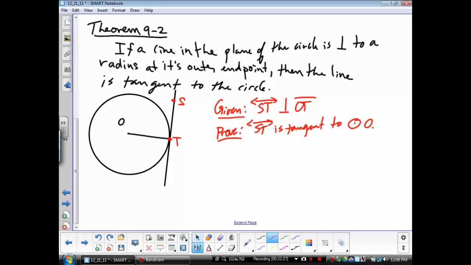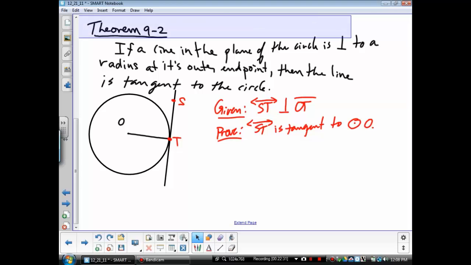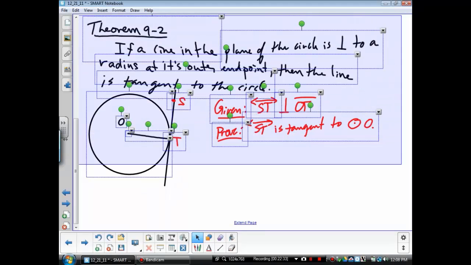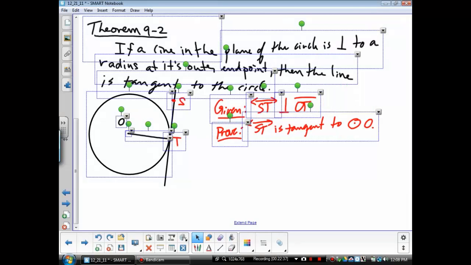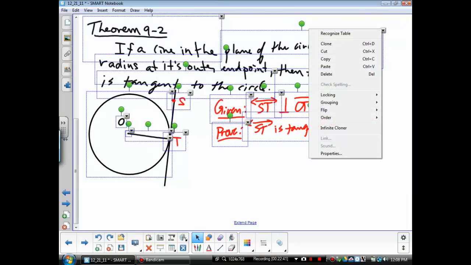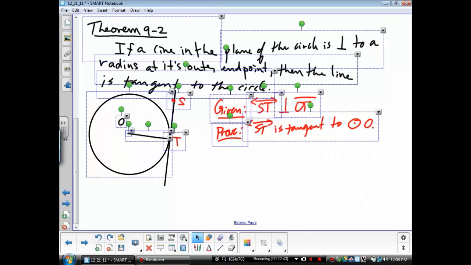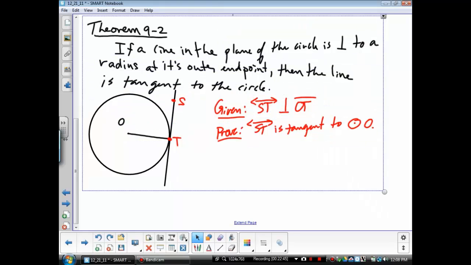Now, if we were to prove this with an indirect proof, what would our first sentence be? Assume temporarily what?